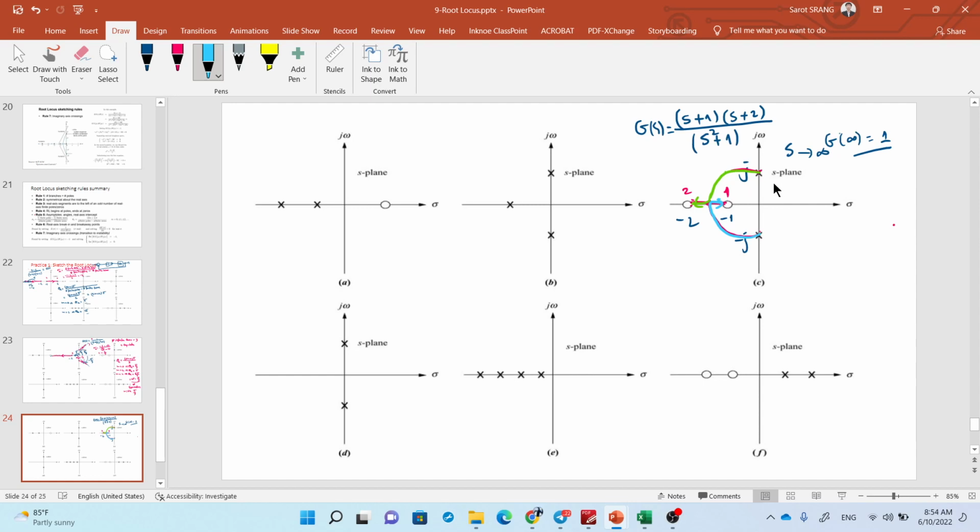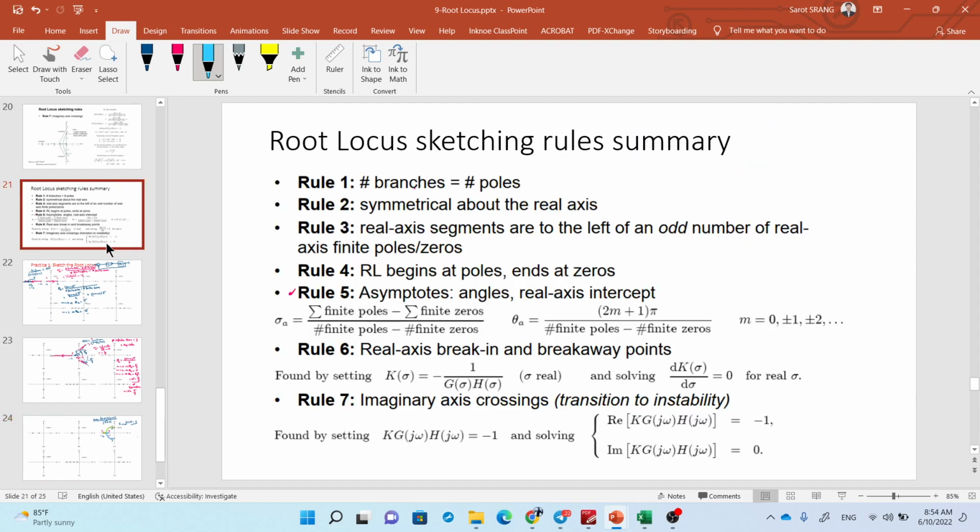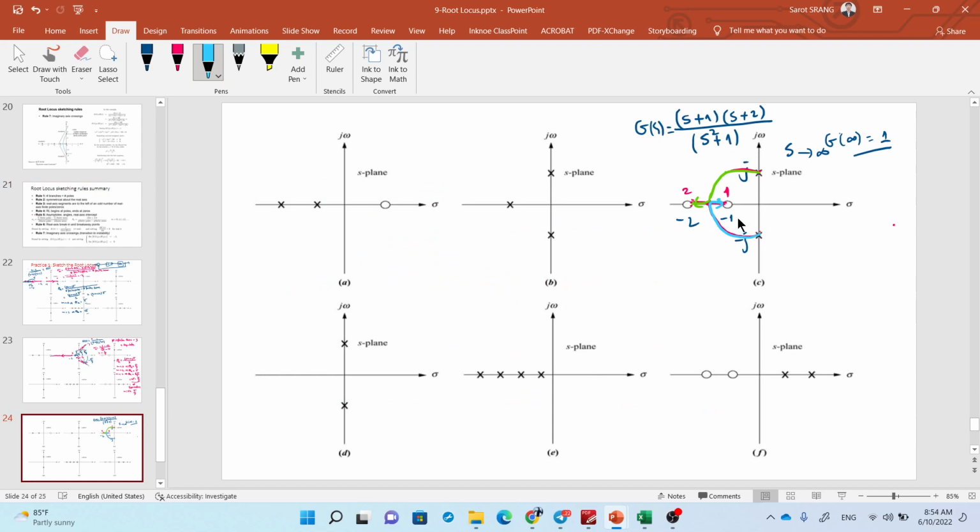Okay, rule number one is validated. And number two, symmetrical about the real axis. Yes. Number three already. Number four, begin at poles and end at zeros. Yeah, we drew it following that rule already. So this is the root locus for this transfer function. Okay. So try to think by yourself for D, for example.